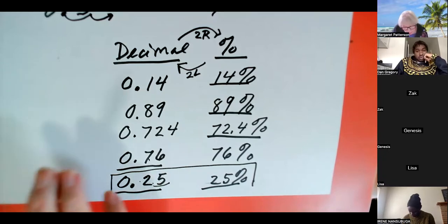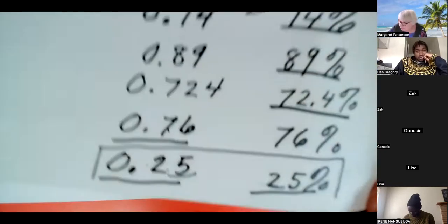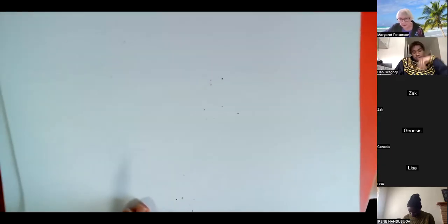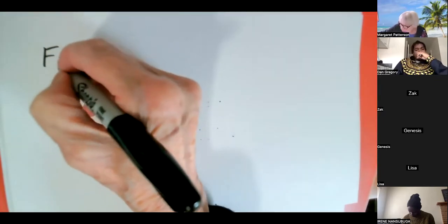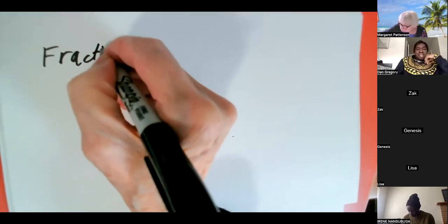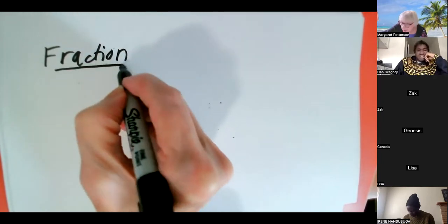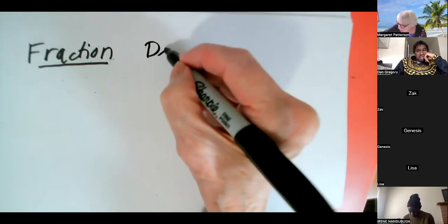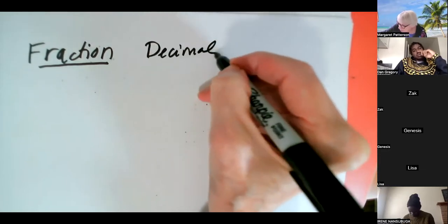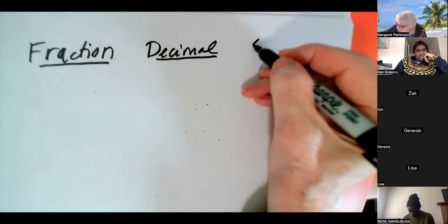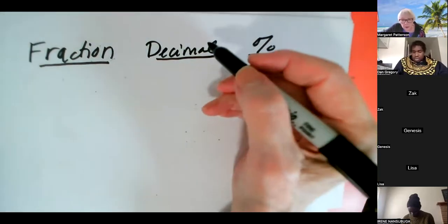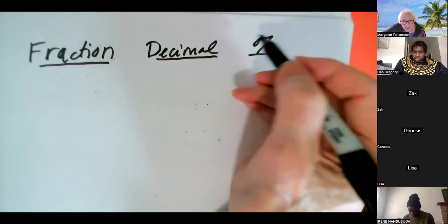Now let's see, what we need to finish this off is to complete the table. And the order actually matters. And I have seen this in a book. Fraction first, decimal second, and percent here. So what we were doing is going back and forth between these 2.